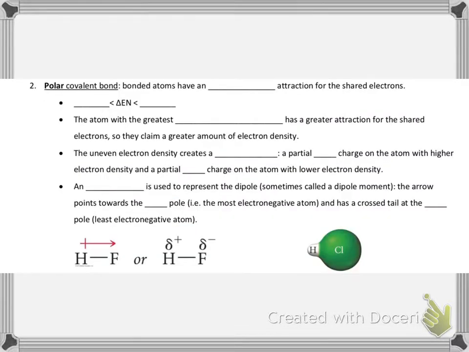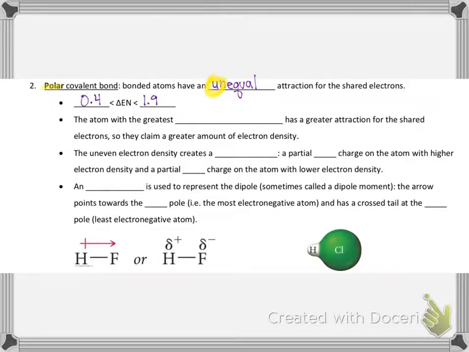Okay, well that means things that are polar must be things that have a different electronegativity and thus an unequal attraction for your shared electrons. So their difference in electronegativity is going to fall between 0.4 and 1.9. Well, 1.9 or 2, it kind of changes depending on the source.